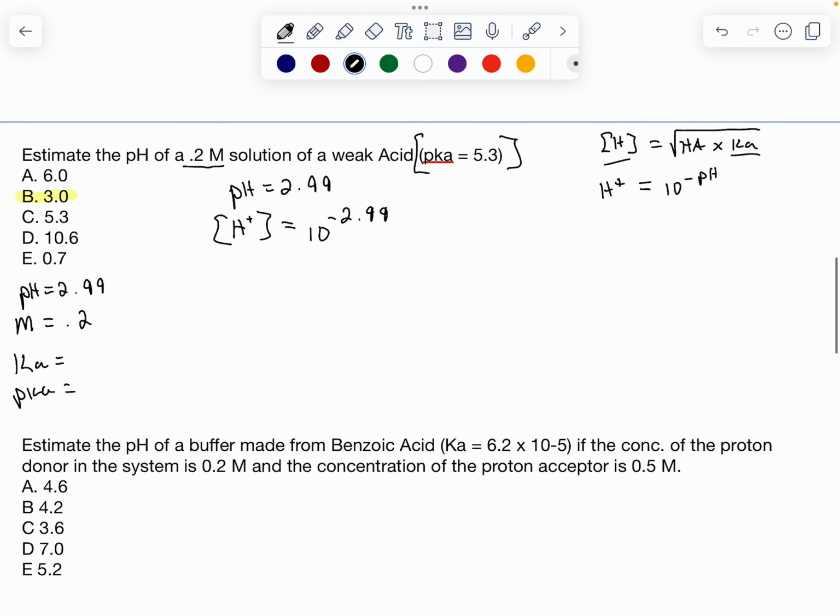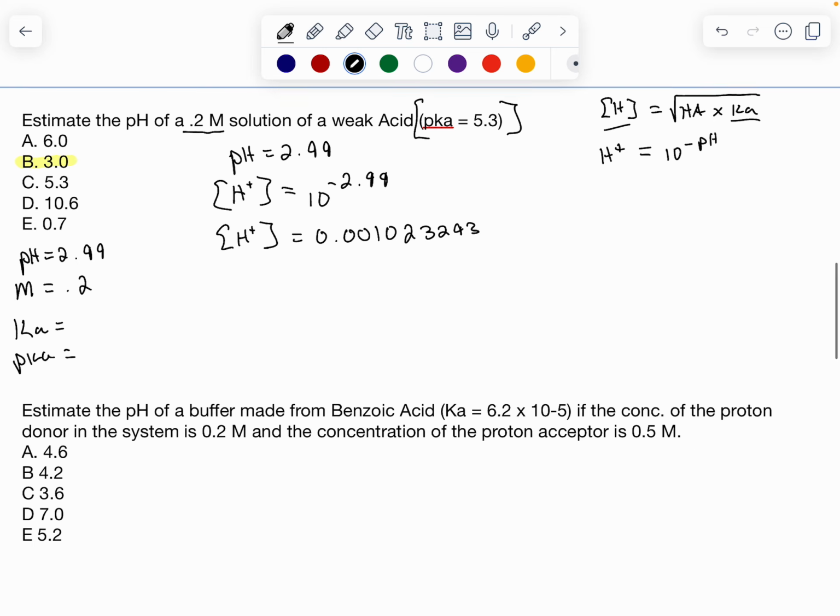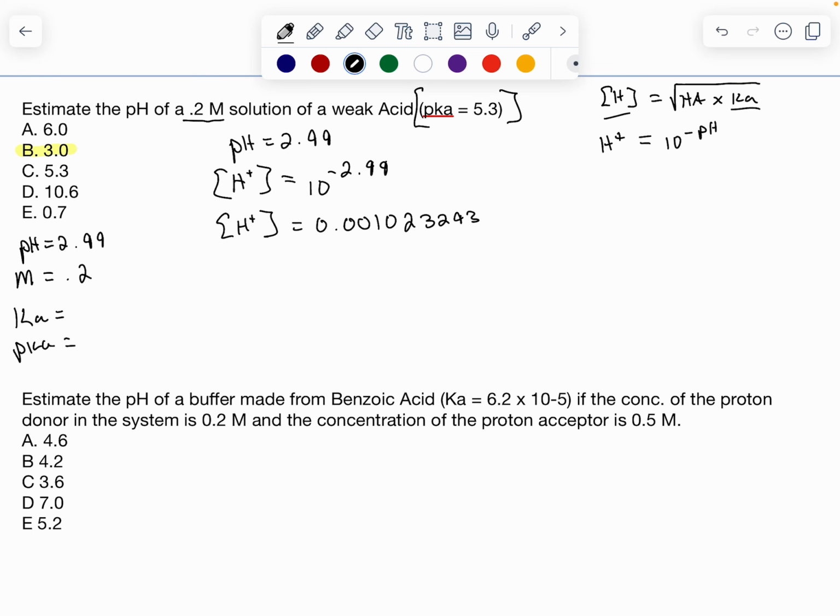That gives us a value, 10 raised to negative 2.99, around 0.001023293. So now let's plug it into our main equation. We have hydrogen concentration of 0.001 equal to the square root of HA times Ka.